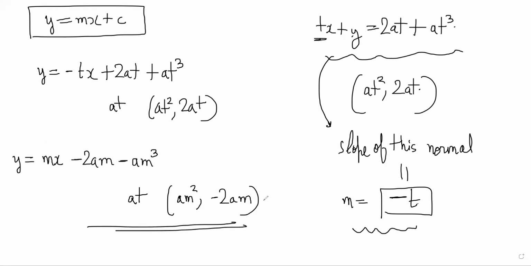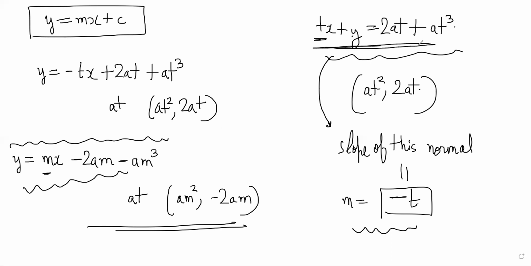So you understand this equation is the equation of normal with a given slope, right? If someone said find the equation of a normal with slope 1 by 3, I will use this equation. If someone said find the equation of normal at some point, I will use the other equation because the point is given, right? If the point is given, then t will be known, and then I can use this equation to get the normal.